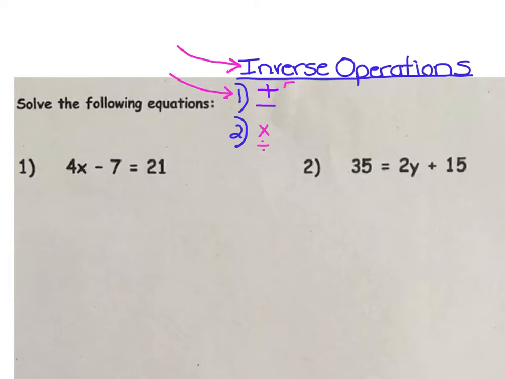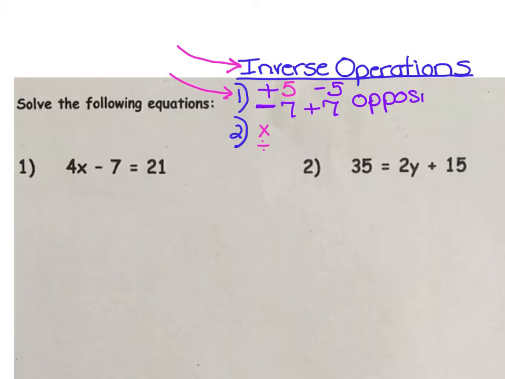If we have a gain of 5, the opposite is to subtract 5 and zero out that term. However, if we have a loss of 7, minus 7, we will add 7 in order to zero out that term. We do the opposite.